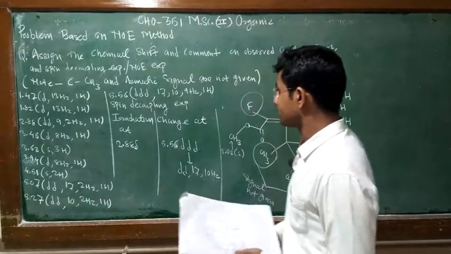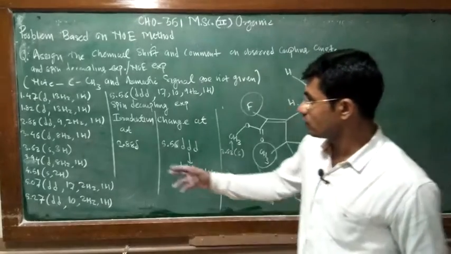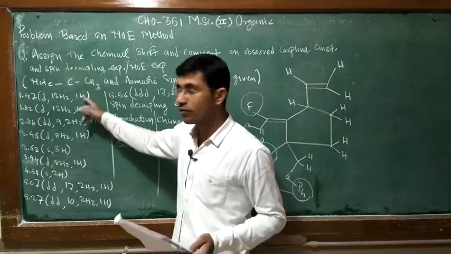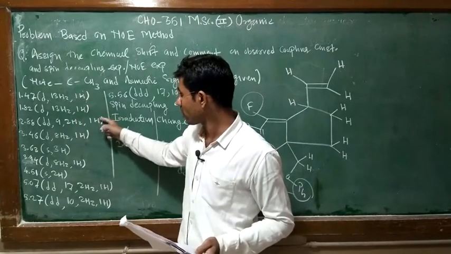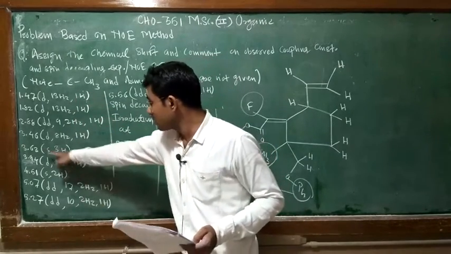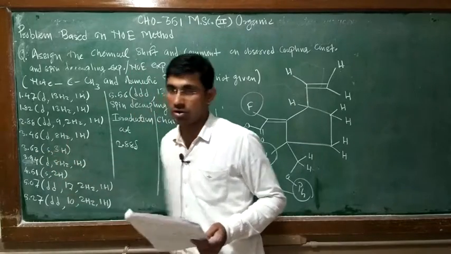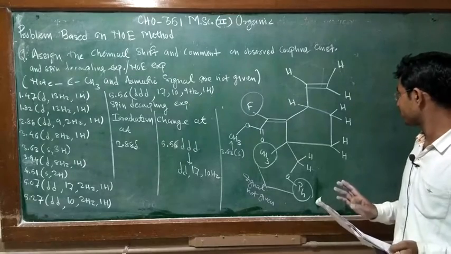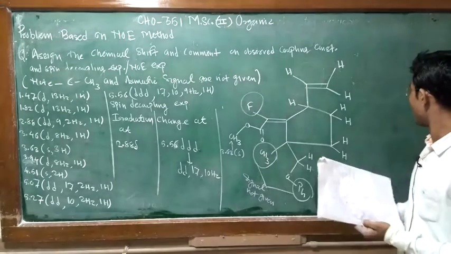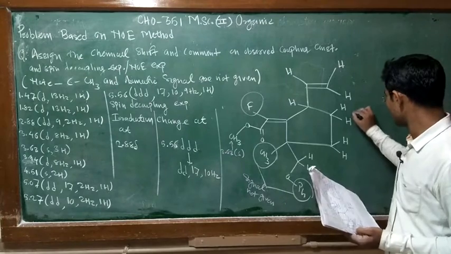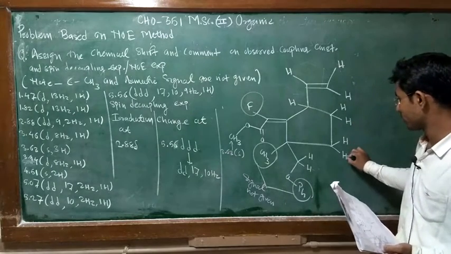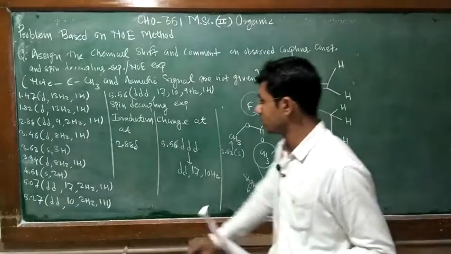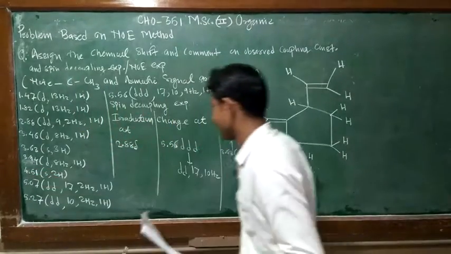If you look at the signals, all the signals are given for one proton, like this. Only this signal is for the 3 protons of the methoxy group. So from that we can predict that all these 6 protons, these 2 protons, these 2 protons, and also these 2 protons, the signal is given at 4.51.